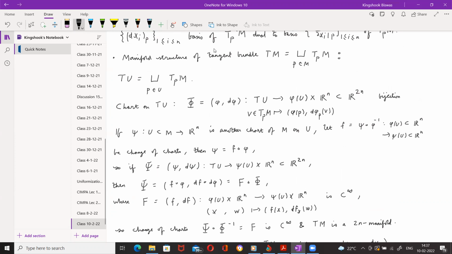So I have two distinct points in this open set in R2n that I can separate by two disjoint neighborhoods in R2n. Then I pull them back to TU and I get two disjoint neighborhoods in TM. Is that clear? Okay, so it's second countable and Hausdorff. Any other questions?